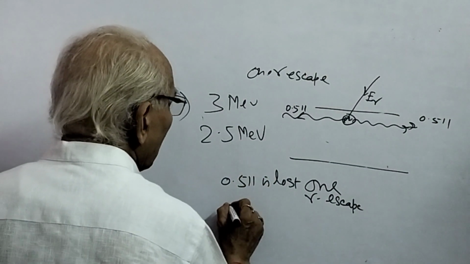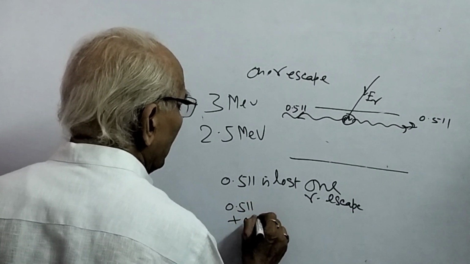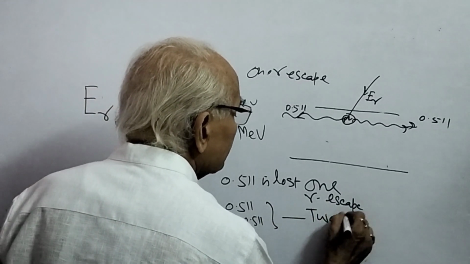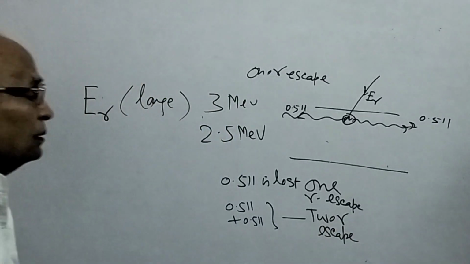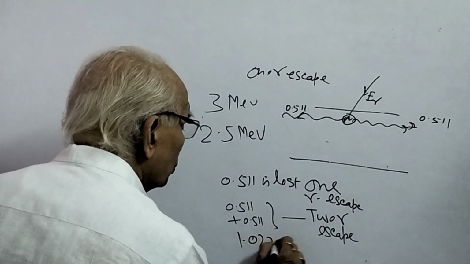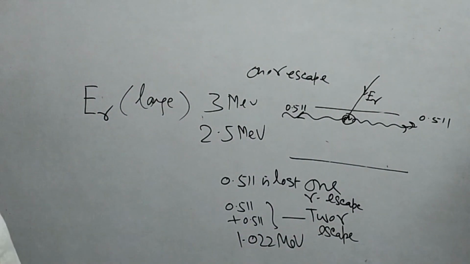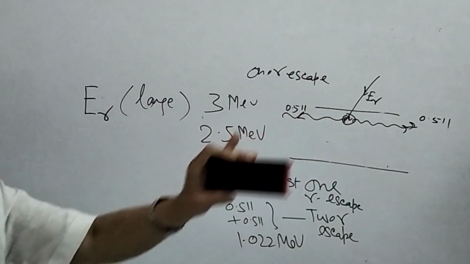This is called 2 gamma escape. It means 1.022 MeV energy is lost. It is not counted. It goes out. It is not going inside the system.